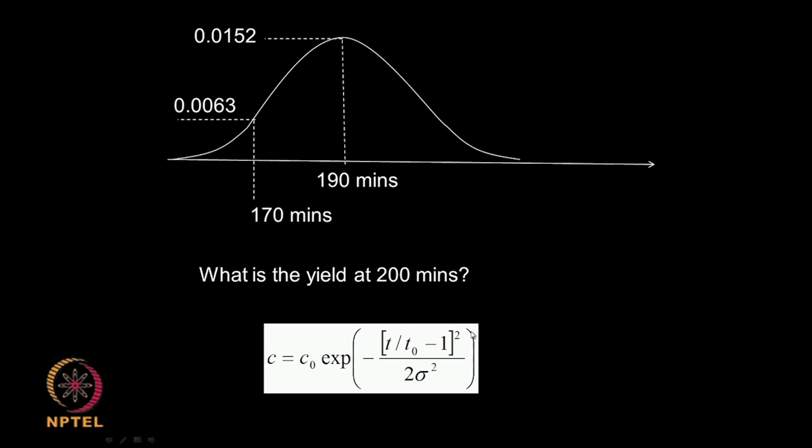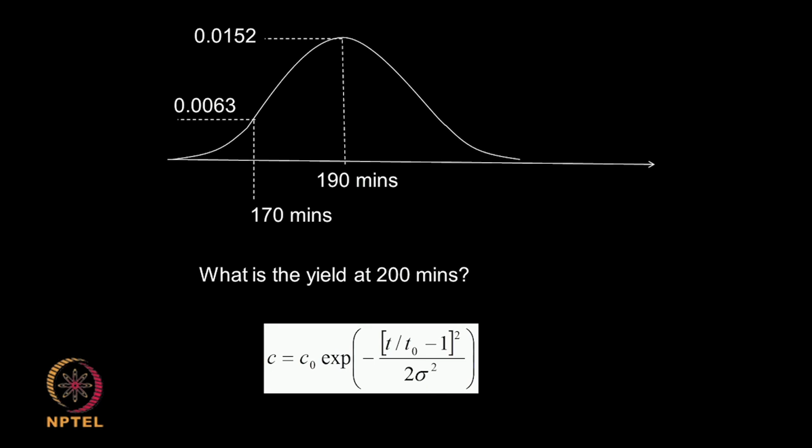So, all I need to calculate is the sigma, because I know the T naught is 190 minutes, I know the C naught which is 0.0152, at T equal to 170 I know the concentration 0.0063. So, I can calculate the sigma. Once I calculate the sigma, I can calculate the yield.